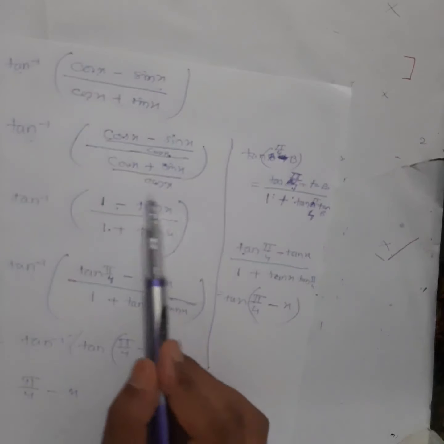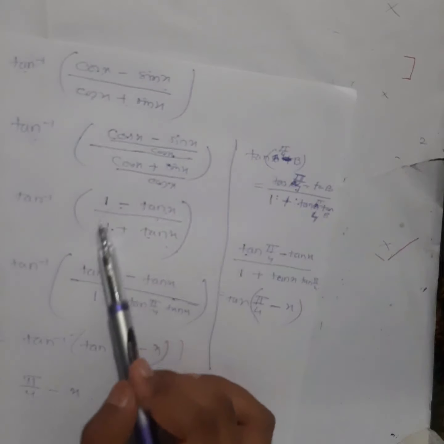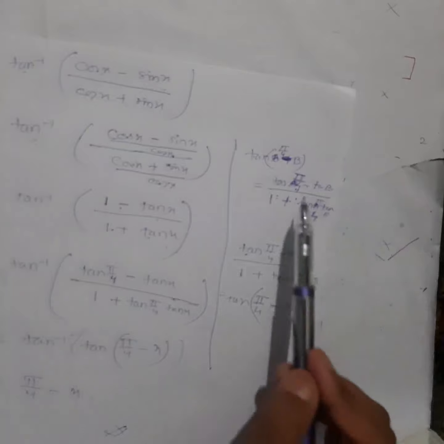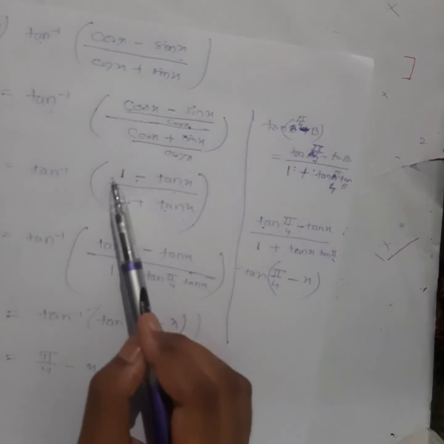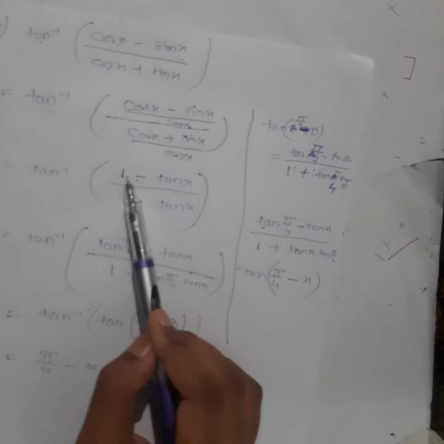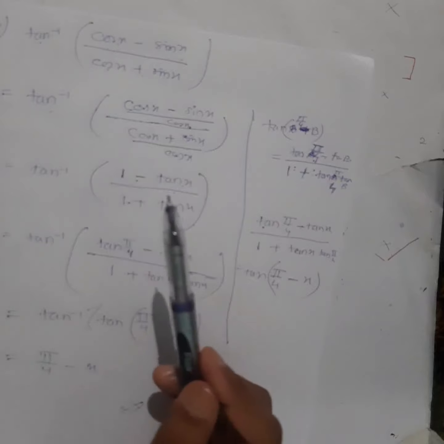Now this looks like the identity again. If you know the identity tan a plus tan b, the moment you see this, you will get that idea. It looks like that identity. In that identity, here it was tan a. Now what will I put here such that it becomes like tan a? Tan pi by 4, and tan pi by 4 is 1, we know that.